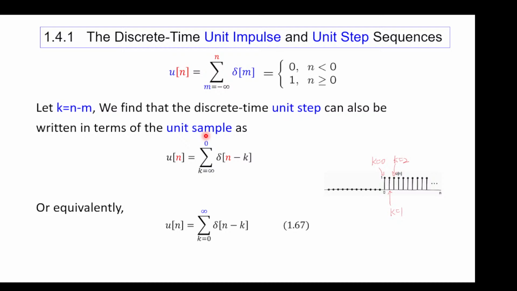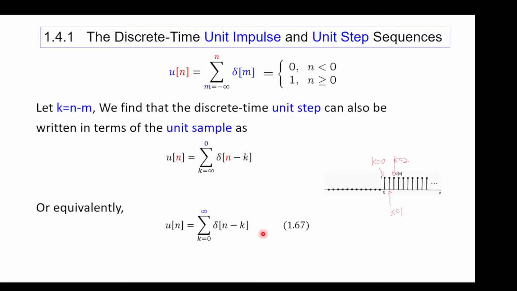And so you see that if we do the change of variable from m to k, then you have u of n is summation k from infinity to 0 of delta of n minus k. And summing from infinity to 0 is really the same as summing from 0 to infinity. So we say u of n is equal to the sum over k from 0 to infinity of delta of n minus k.